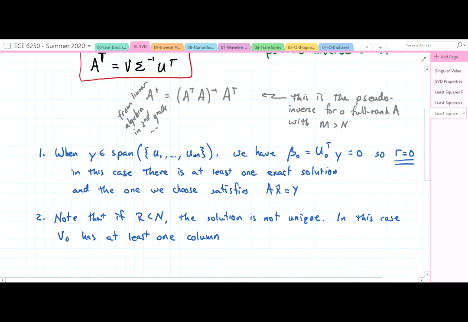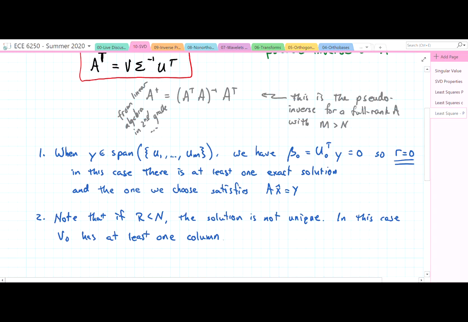And so what essentially is happening is any part of our vector x that is in this V naught subspace can't be seen by A. And so we could then pick a solution in the span of the columns of V, and then we could add to it any linear combination from V naught to produce an infinite number of solutions.